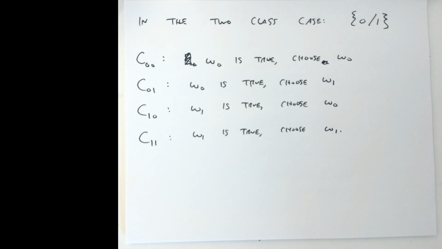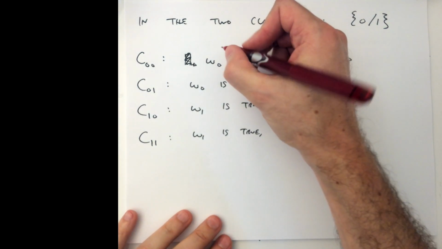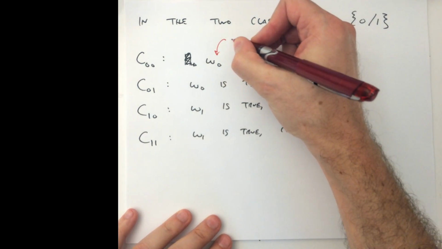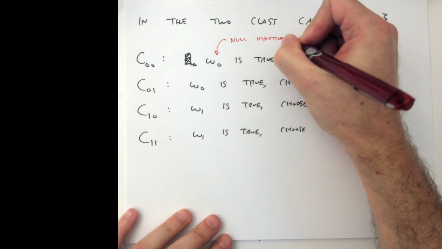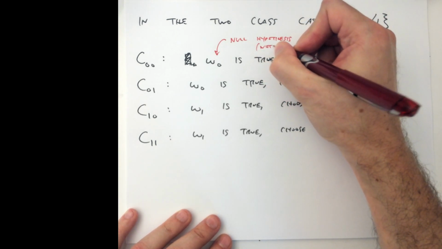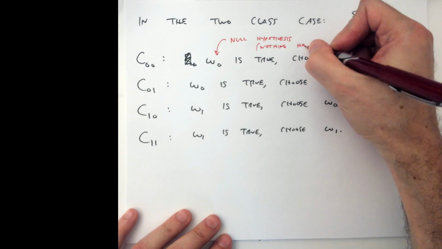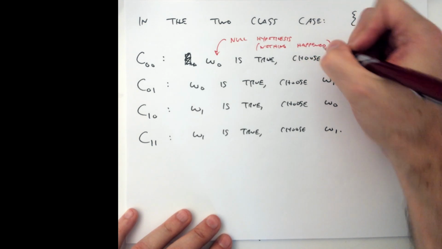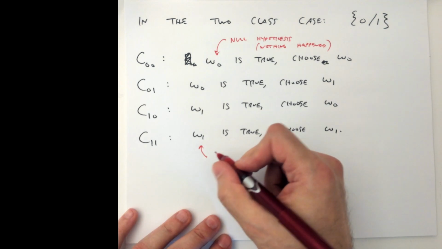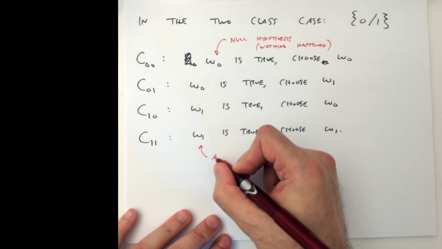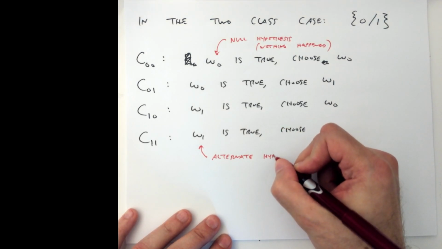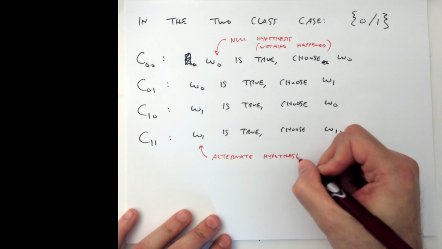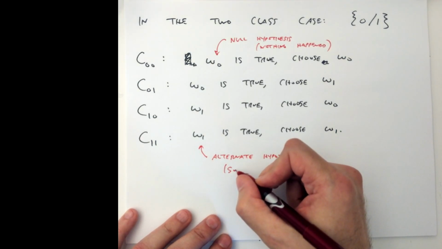So sometimes in what's called decision theory, you'll see this called the null hypothesis, which is like saying nothing happened. And this is called the alternate hypothesis. Something happened.